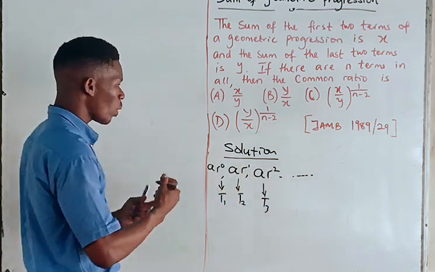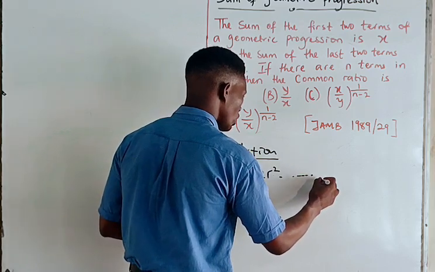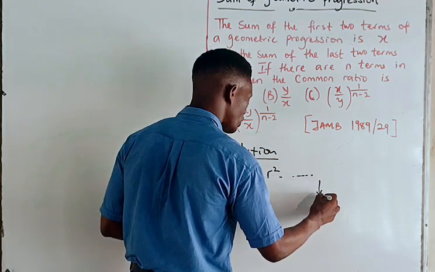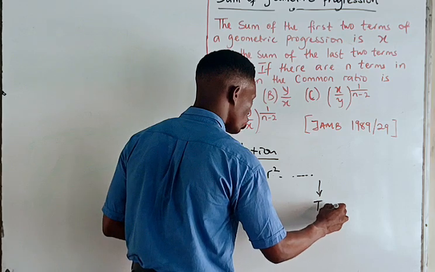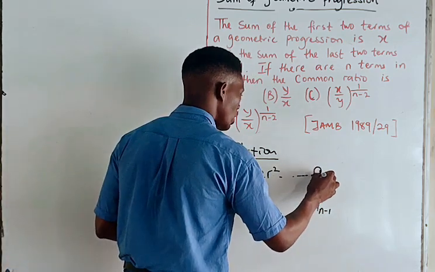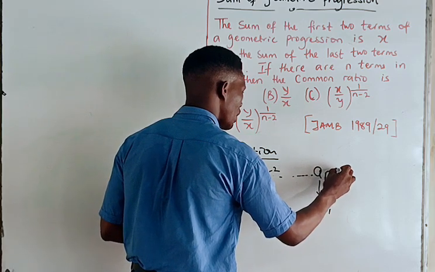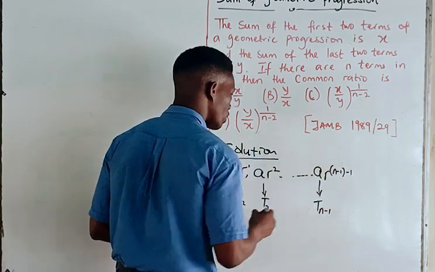All right. So when we continue, let's say we start from Tn minus 1. For Tn minus 1, we know that it will be AR raised to the power of n minus 1 minus 1.